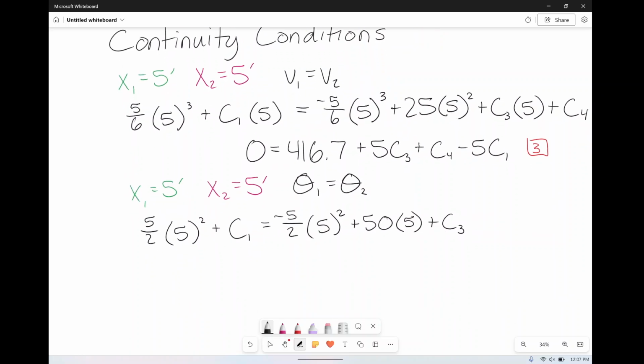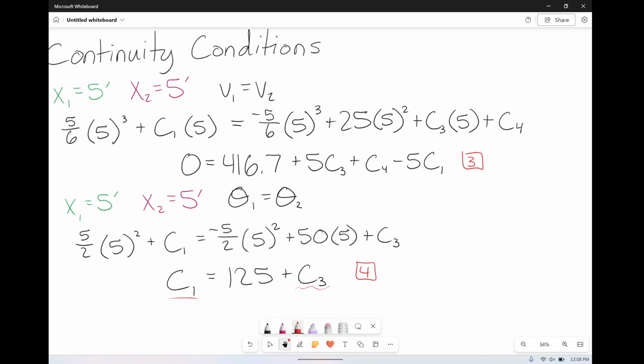So now I'm going to have an equation for C1, which is equal to 125 plus C3. Here's equation 4.